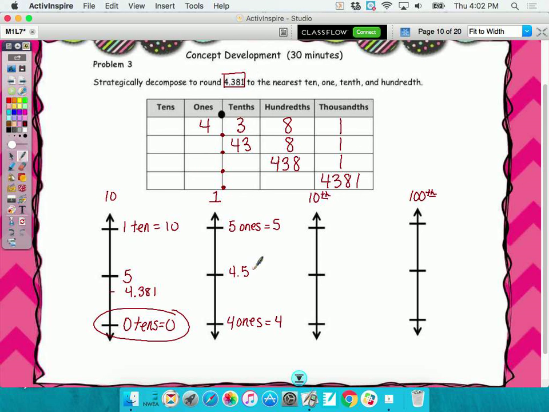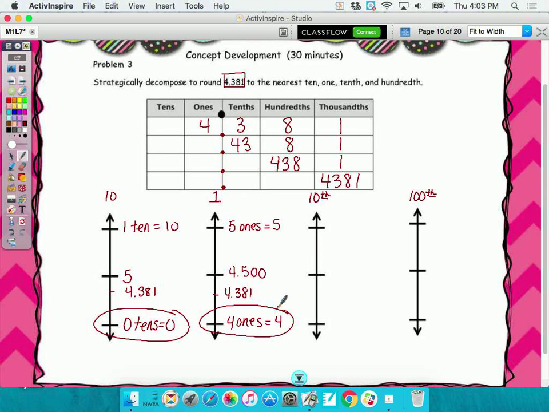So my midpoint, I have to carry out all the way to the thousands place. So 4 and 500 thousandths, and I'm rounding 4 and 381 thousandths. Above or below the midpoint? Good. 4 and 381 thousandths is below. So, rounded to the nearest 1, the answer is 4.